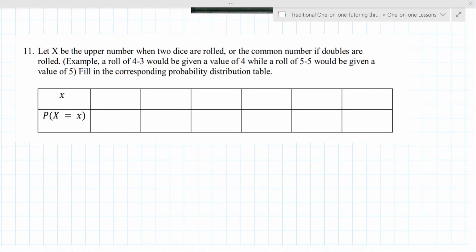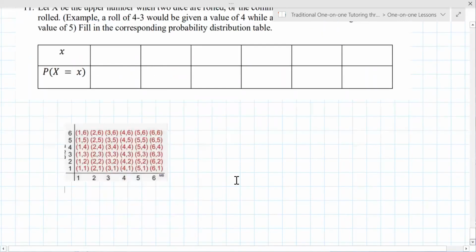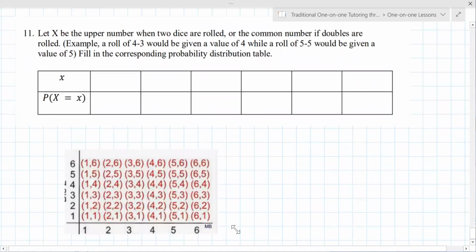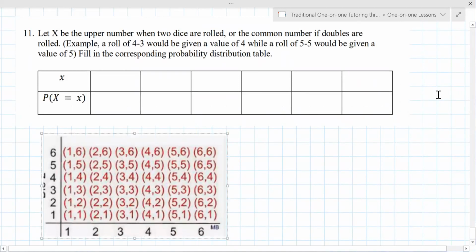Here's a good one. The table is pretty helpful because they don't give you extra spaces here. So it's basically the bigger number of the two that you might see in the roll.